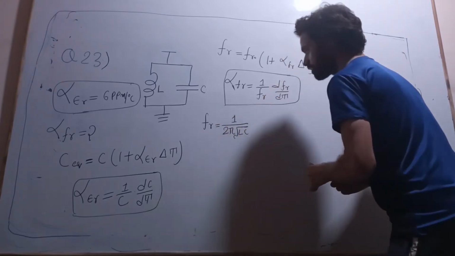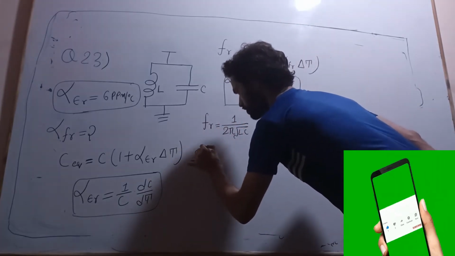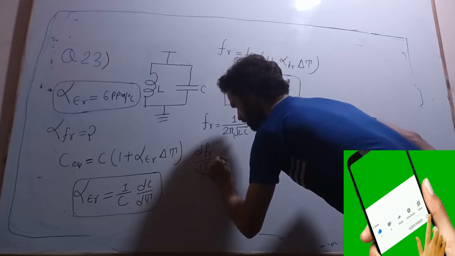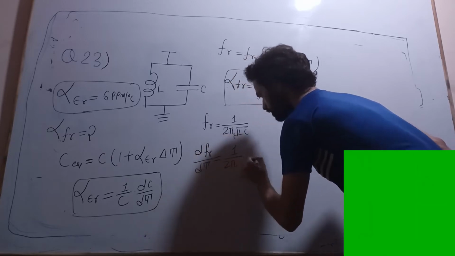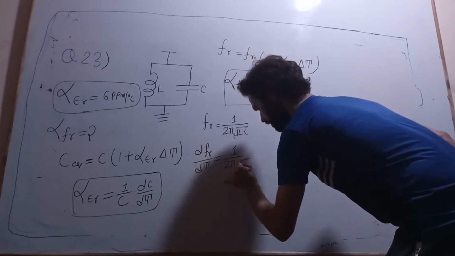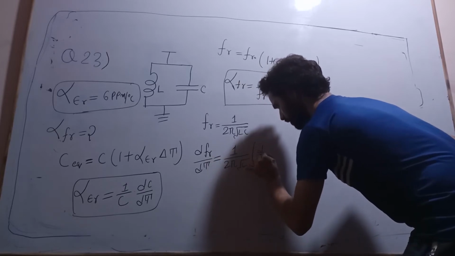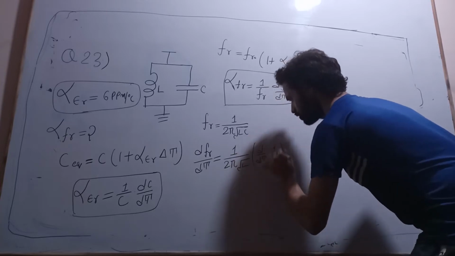Let us differentiate this resonant frequency with respect to temperature. dfr by dT is nothing but 1 by 2 pi square root of L into d by dT of 1 by square root of C.